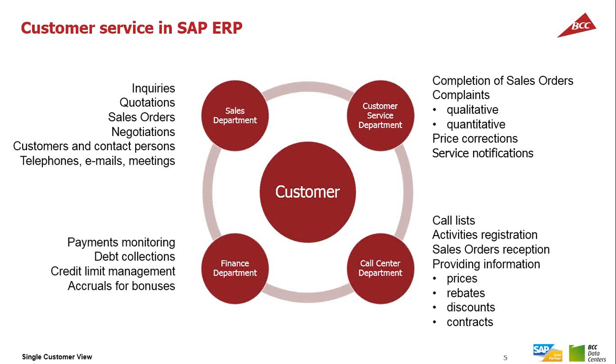So on one side we have the customer and his expectations, and on the other side we still have our company that also has its own goals. We need to make sure that besides the fact that customer is happy, we have the invoices paid, so we need to monitor payments, we need to collect debts if necessary, we need to manage customer limits that we offer to the customer, we need to also manage the level of accruals that will be needed for future bonus payments.